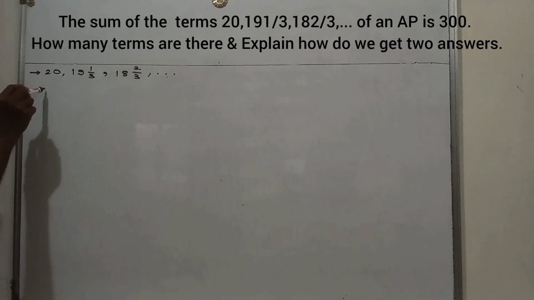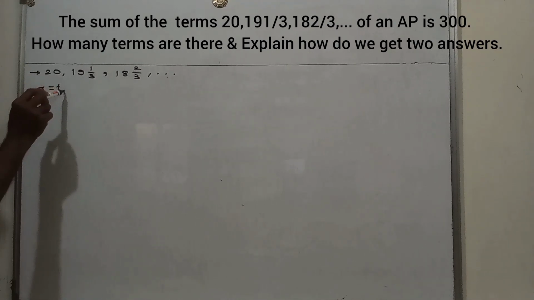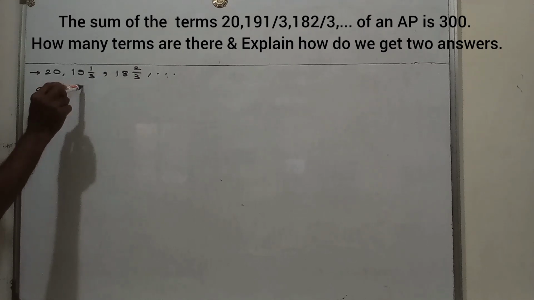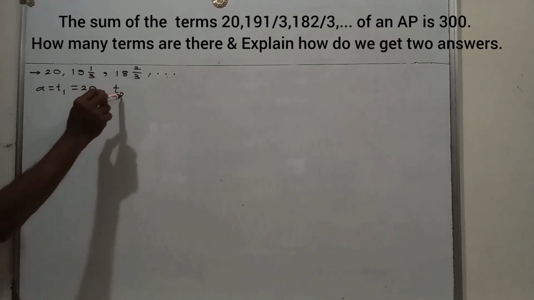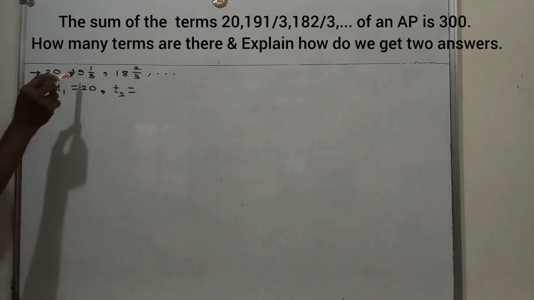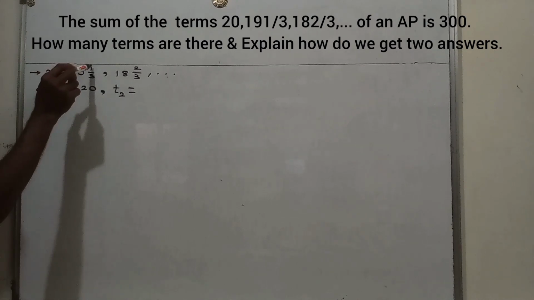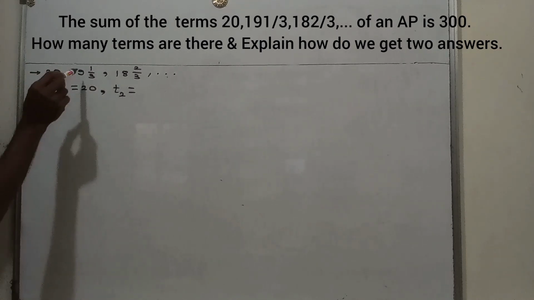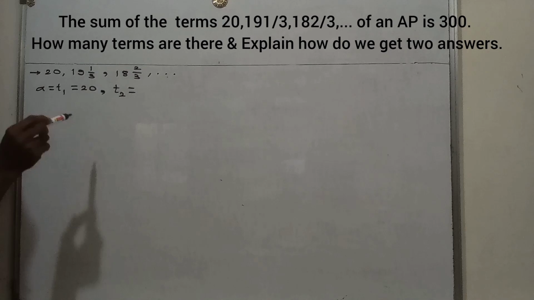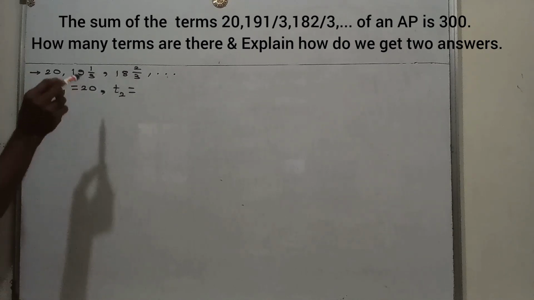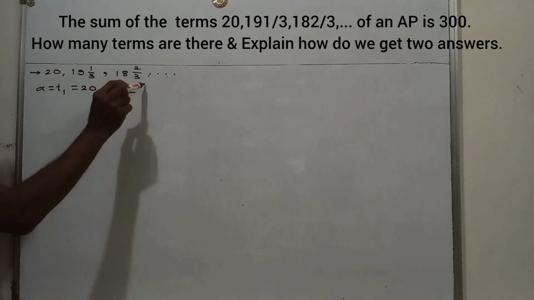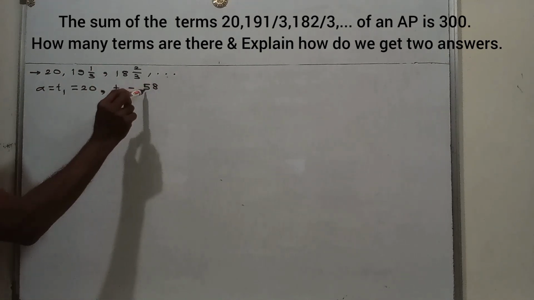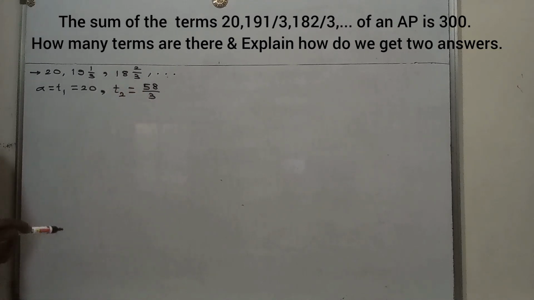First we write a = T1 = 20. Then T2 = 19 1/3. 19 into 3 is 57, 57 plus 1 is 58, so T2 is 58/3.